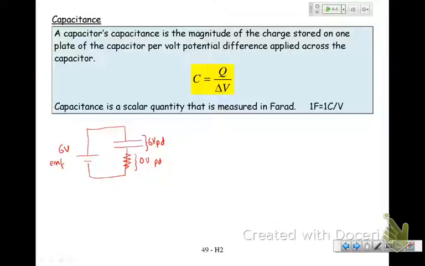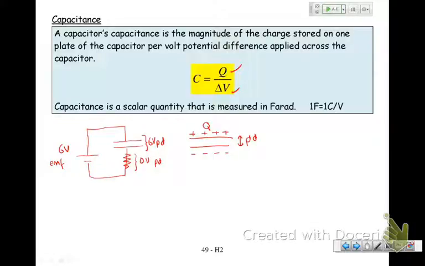So, question is, what's the capacity of that capacitance? We say, well, take the amount of charge you have on it and divide it by the potential difference across it. So we say the capacitance equals the charge divided by the potential difference.